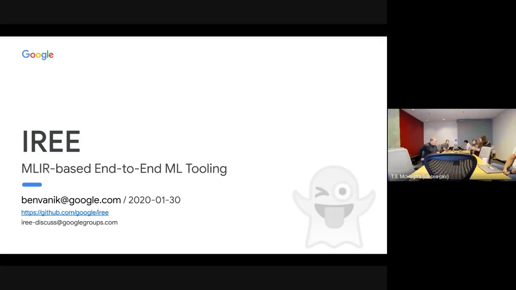So, yeah, it was mentioned that end-to-end means many different things to many different people. And with this project, now that we've been working on it for about a year, it means many different things to us too.